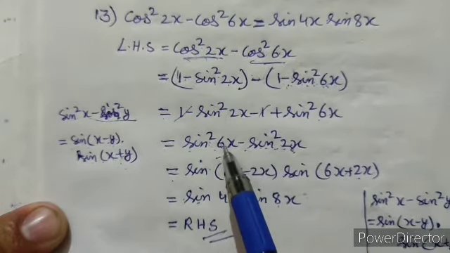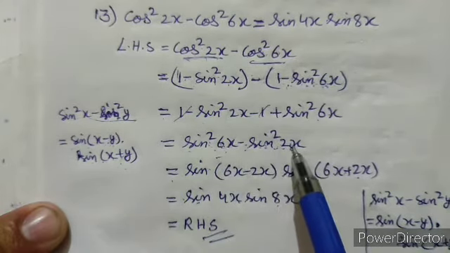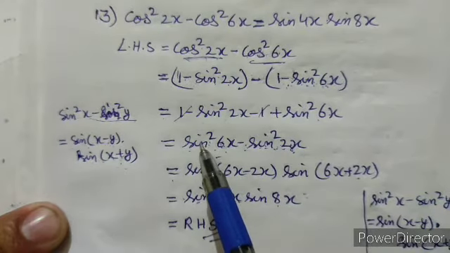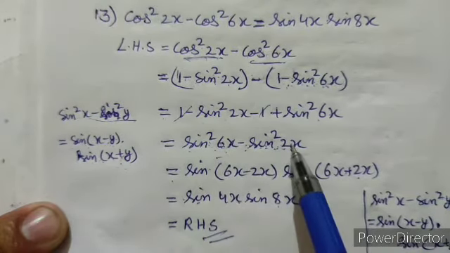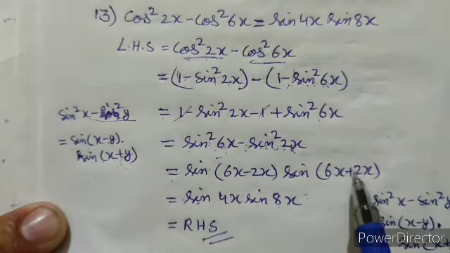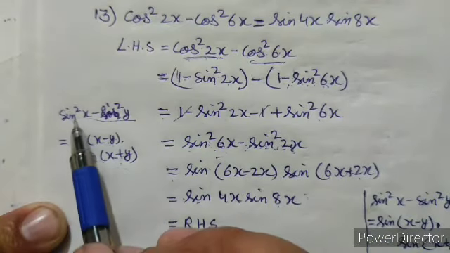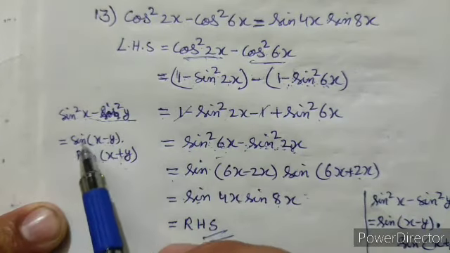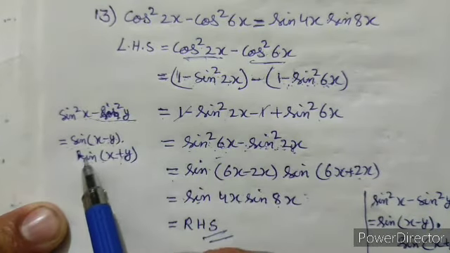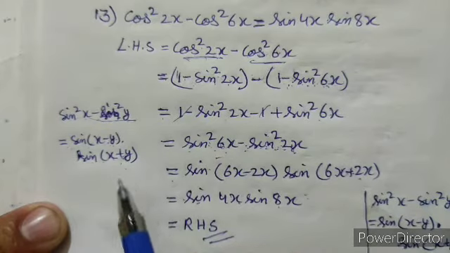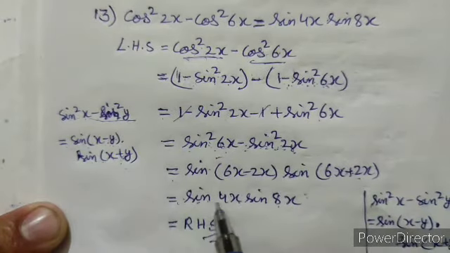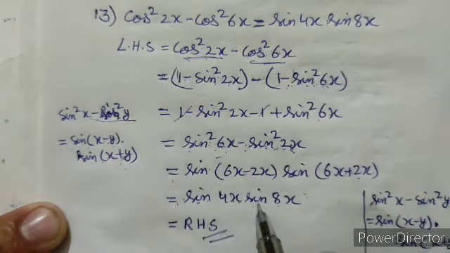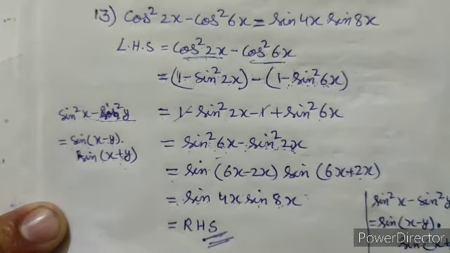Now sin square 6x minus sin square 2x can be written as sin(6x minus 2x) into sin(6x plus 2x) by the identity sin square x minus sin square y is equal to sin(x minus y) into sin(x plus y), which will be equal to sin 4x into sin 8x, and that was our right hand side.